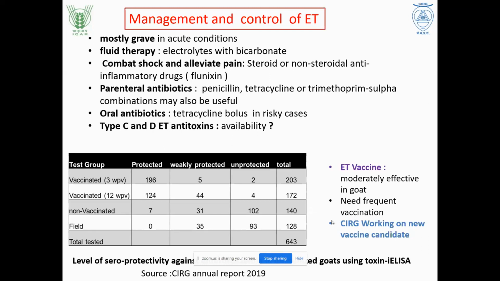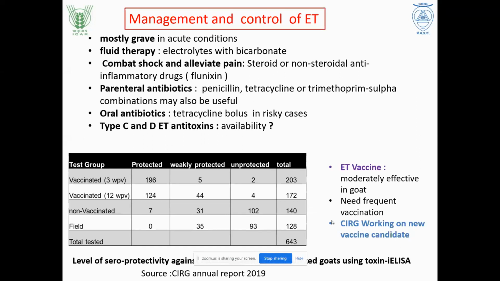The antibiotics that respond are penicillin and tetracyclines, and in risky cases, an oral dose of tetracycline bolus is also useful to control the multiplication of Clostridium perfringens in the intestine. Although in the past the antitoxin against ET was in common use, its availability is now questionable. Otherwise, in acute cases, anti-sera against type C and type D are very useful.